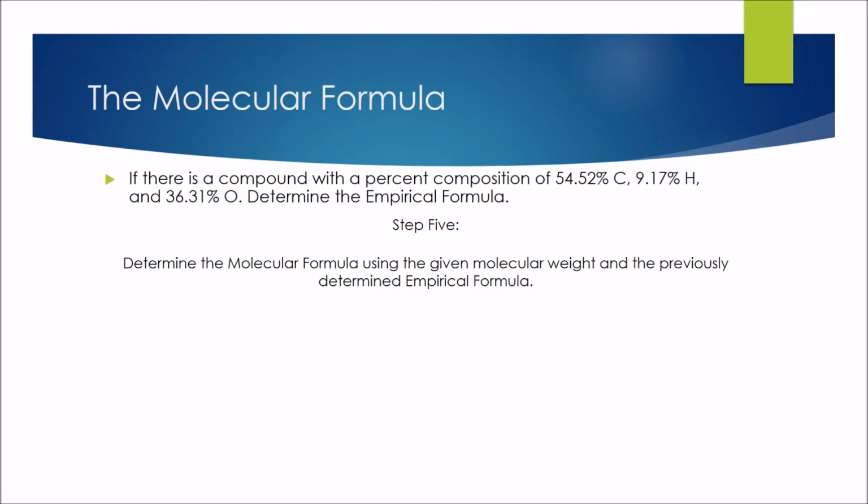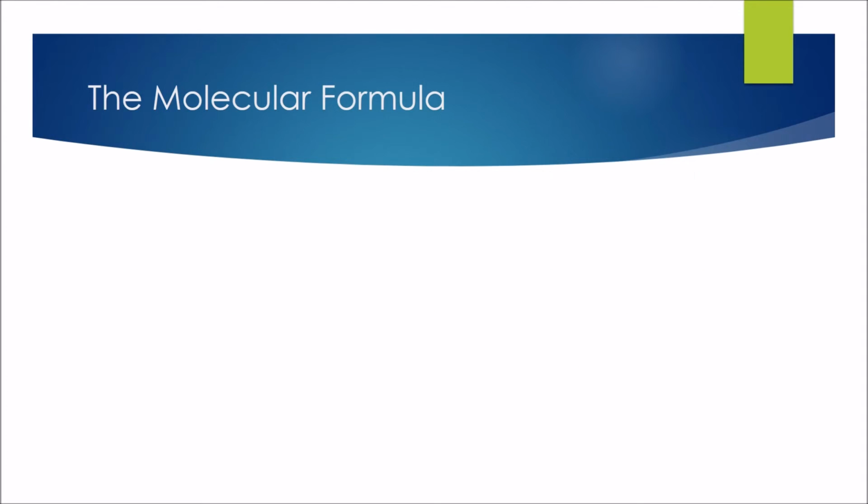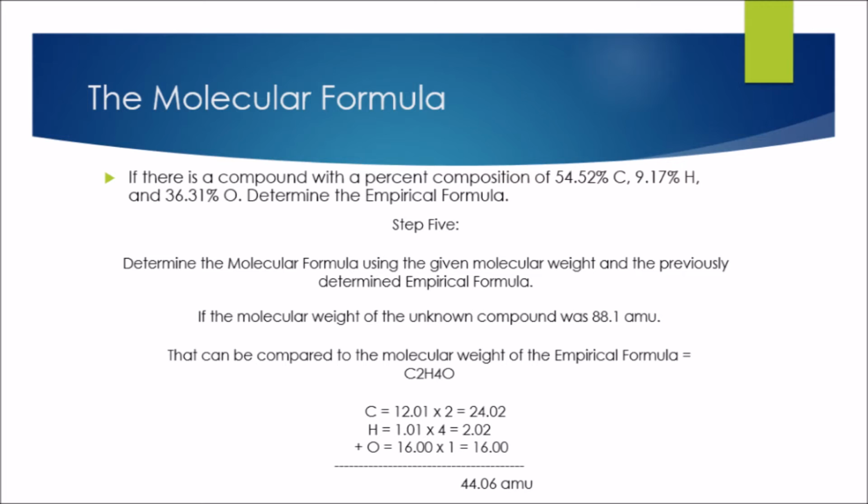Step 5. Determine the molecular formula using the given molecular weight and the previously determined empirical formula. If the molecular weight for this unknown compound was 88.1 AMU, that could be compared to the molecular weight of the empirical formula, C2H4O.